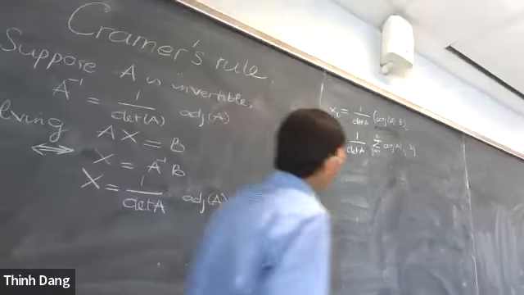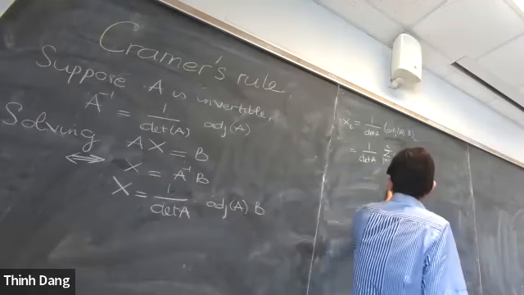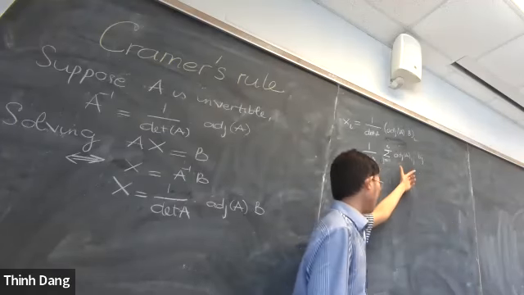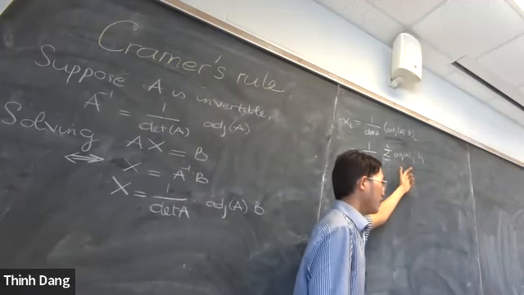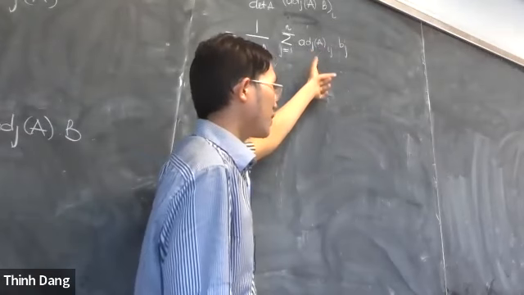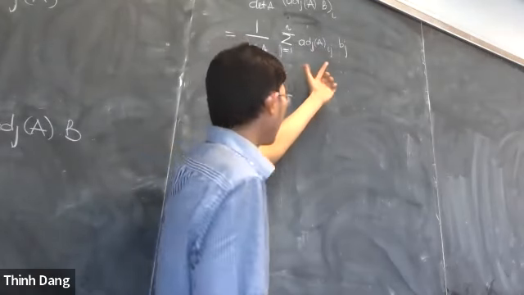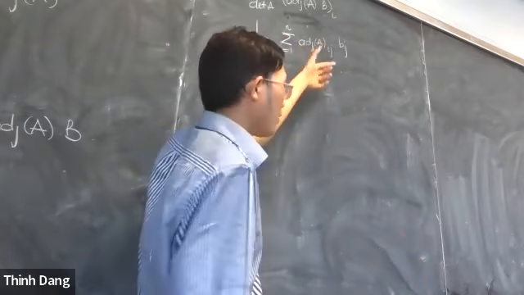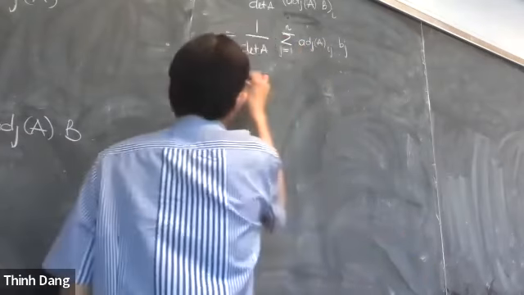When people use this formula, they realize that this sum looks like the Laplace expansion. It looks like we are using the Laplace expansion to find the determinant of some special matrix.